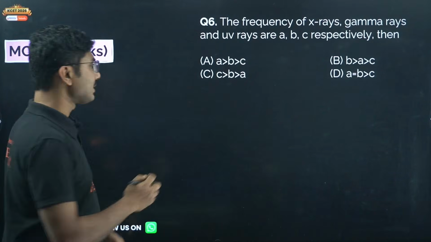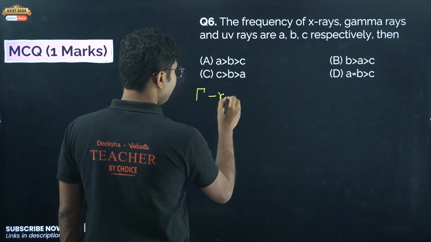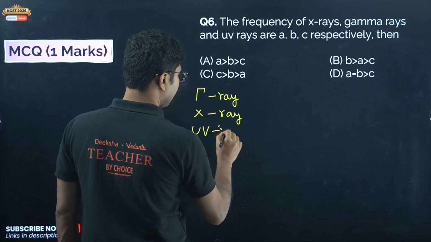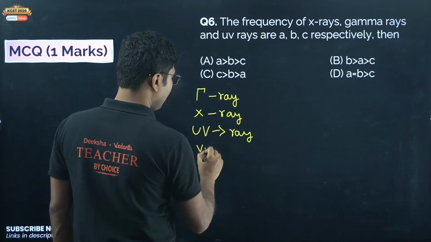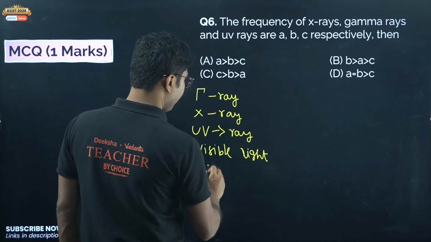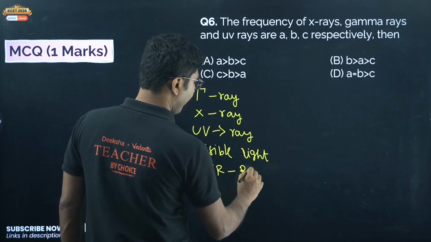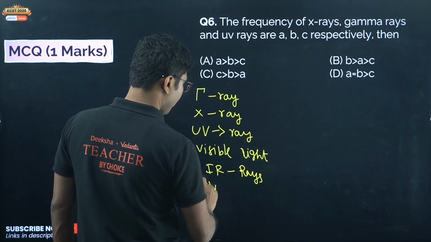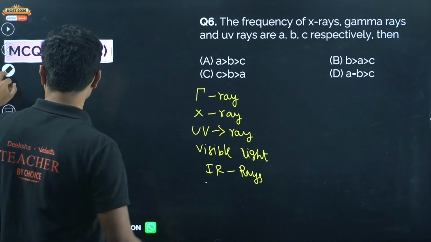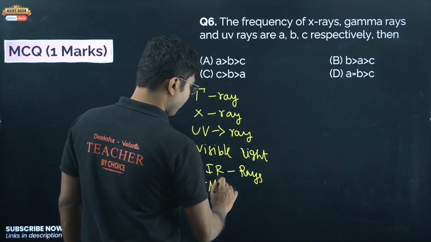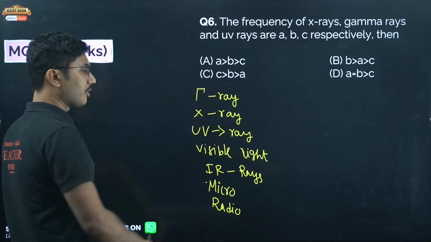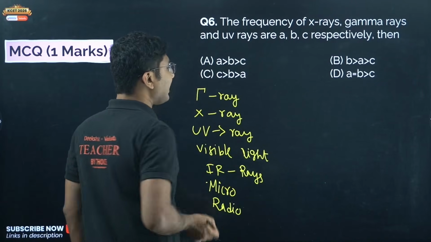First is gamma ray, next is X-ray, then we have UV ray, then visible light, then infrared rays, then microwaves, and then radio waves. So this is the order of the electromagnetic spectrum.